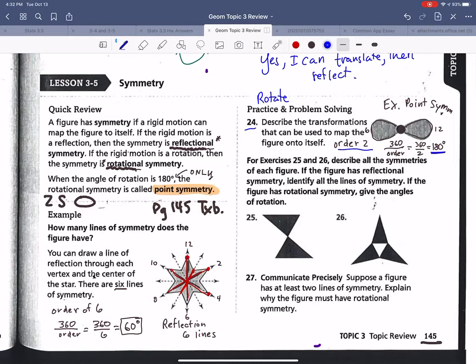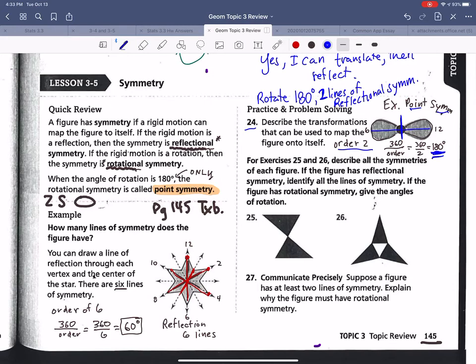Or you could say I can rotate it 180 degrees and it would map upon itself. We also notice it has point symmetry because it has exactly a rotational symmetry of 180. And notice I could also fold it here and here. So I want to also mention that it has 2 lines of symmetry. And we call that reflective or reflectional symmetry. 2 lines.